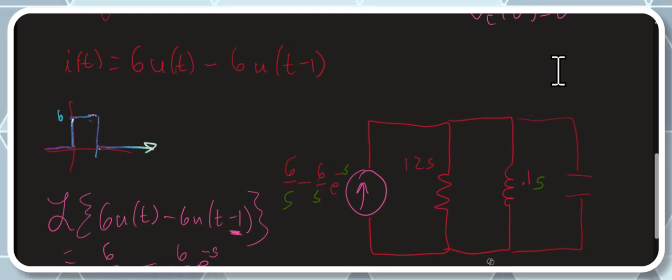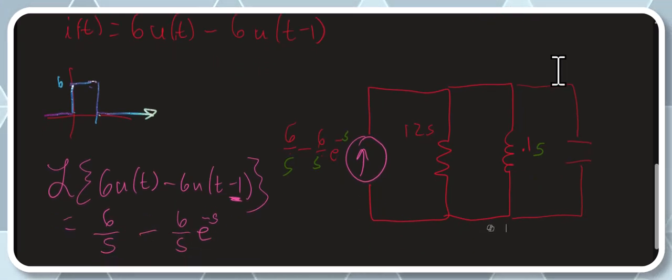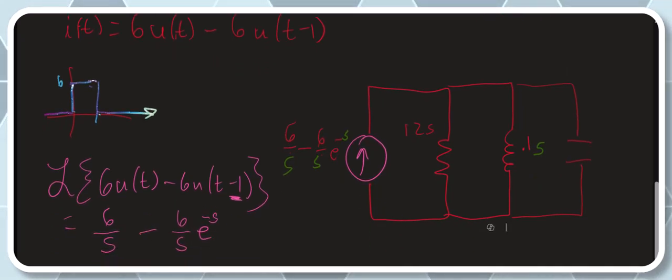So let's figure out what that would be. So it'll be one over S times 0.004. Now let's figure out what 1 over 0.004 is.